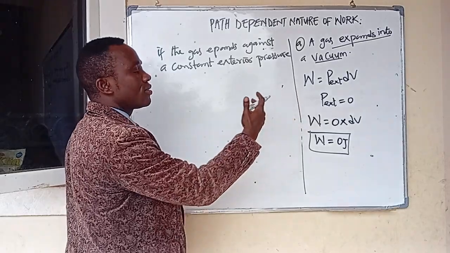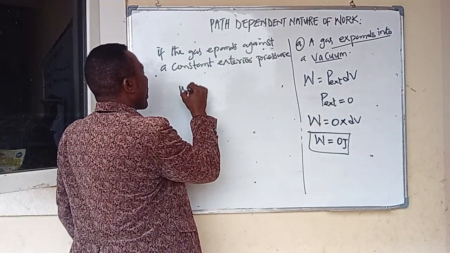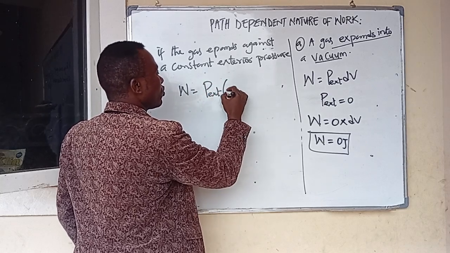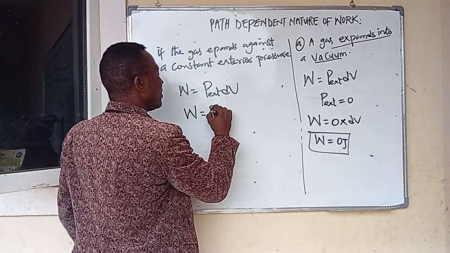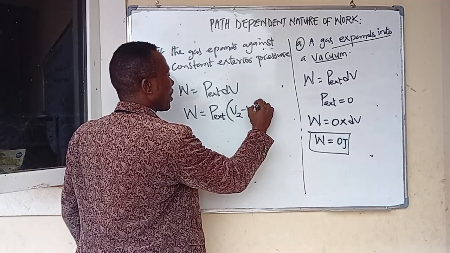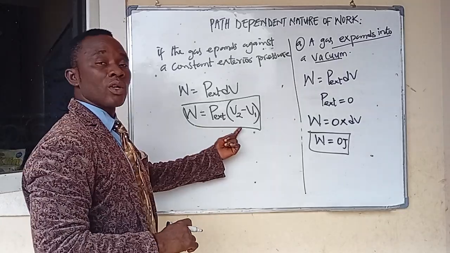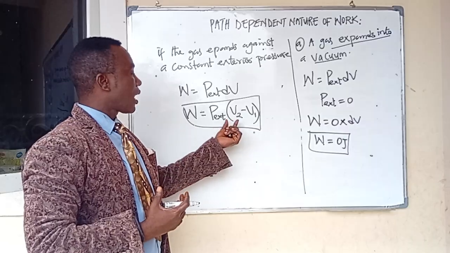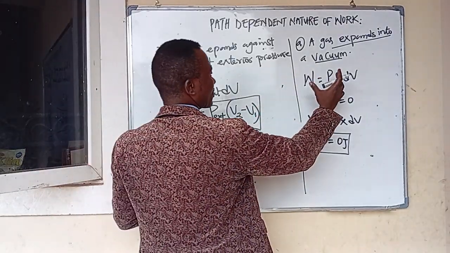So it's not 0, as in the case of a vacuum. It simply means here that the work done will be the pressure of the exterior multiplied by change in volume, which is V2 minus V1. You can see with me that the work done here is not zero, because exterior pressure is not zero, and also there is a volume change.